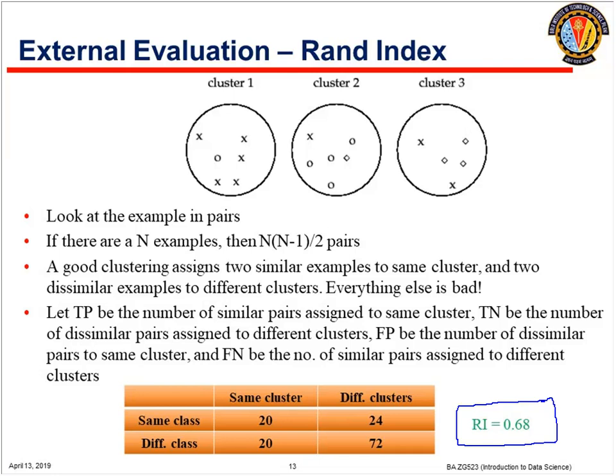So anytime, anywhere clustering is used, RI, the RAND index, can be used. But there are the adjusted RAND index and other advanced mechanisms which have taken over. But this is the basic, so you should remember this.